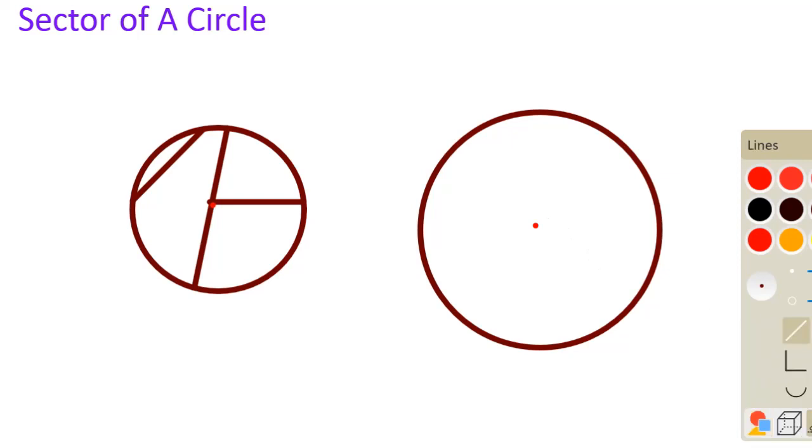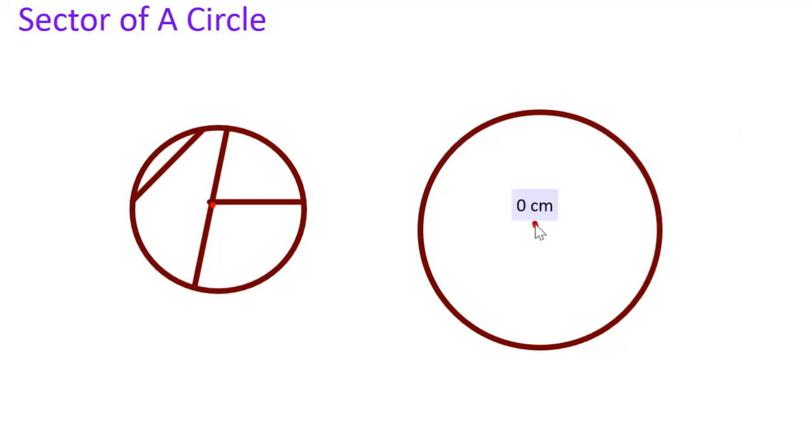To draw that, I am drawing one over here, another over here. So now you can say that within the circle I have drawn two radii and there is a part which is enclosed by it. The word should be something like enclosed.